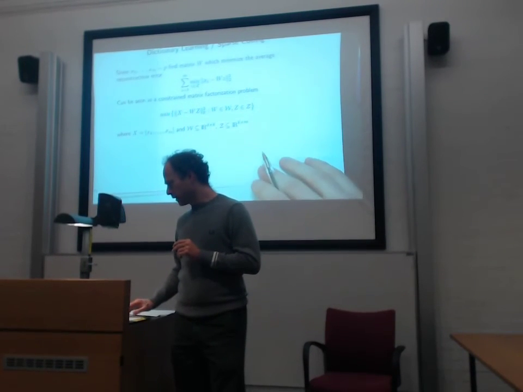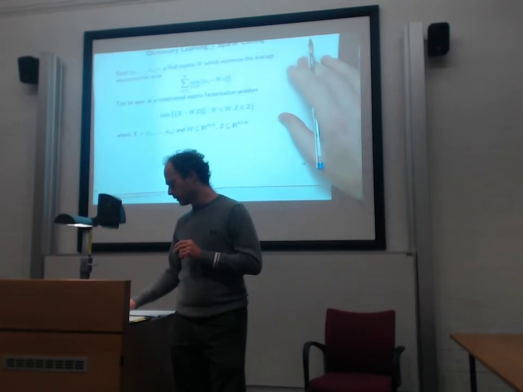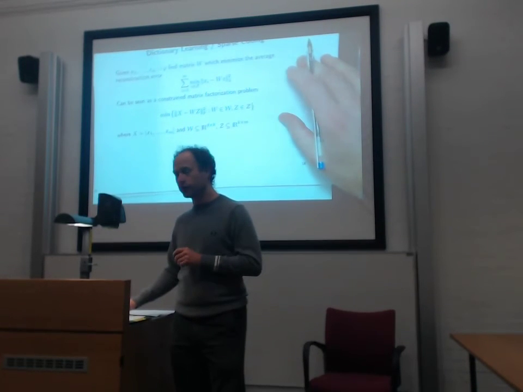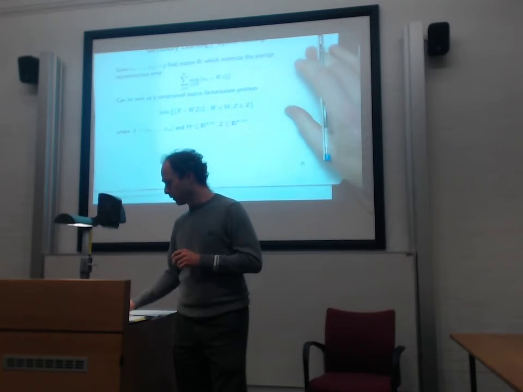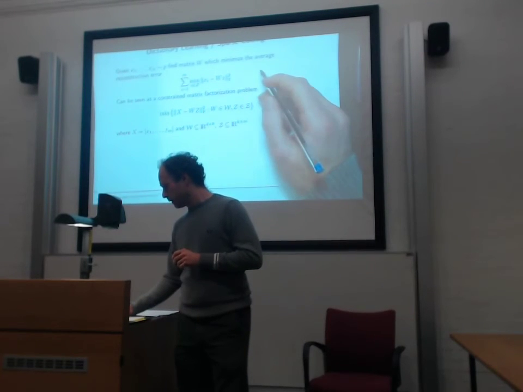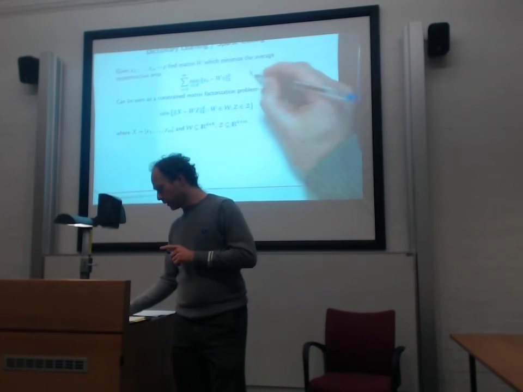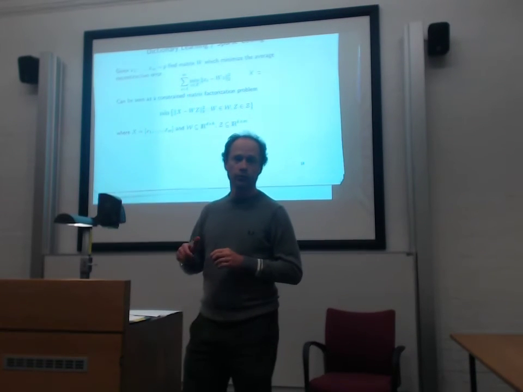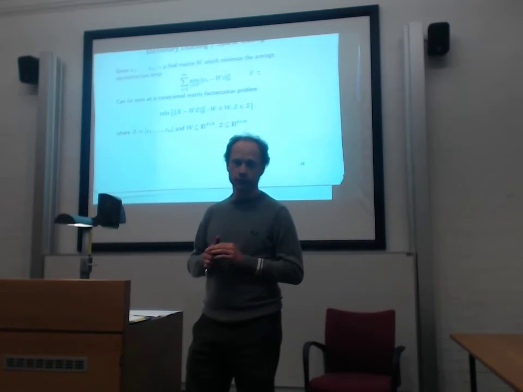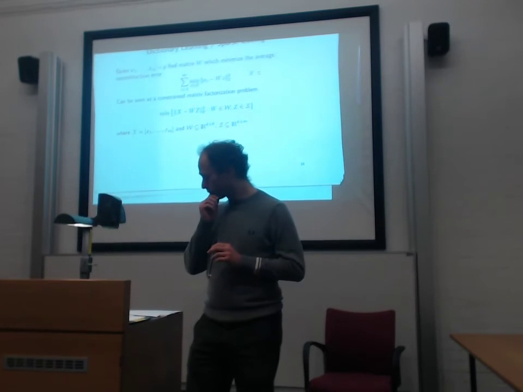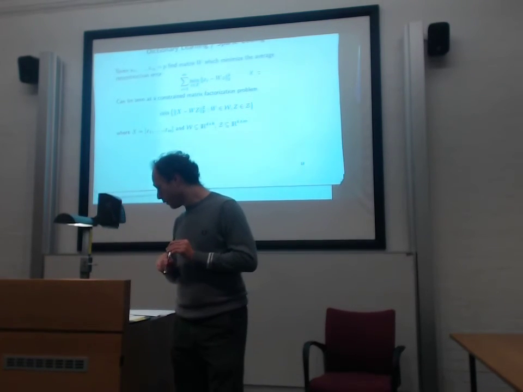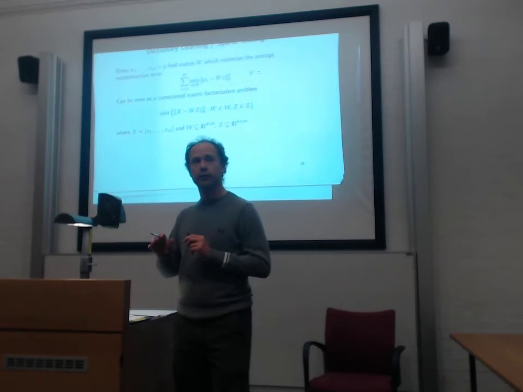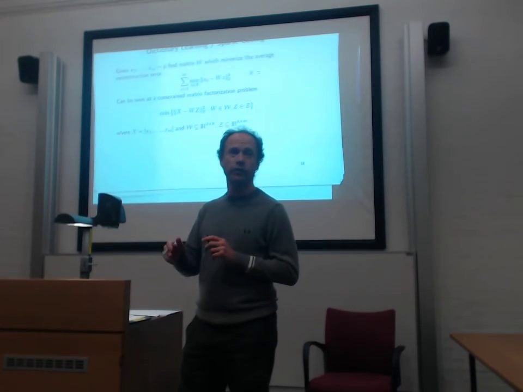So as we have seen, in PCA you take a point x and you try to write it as a linear combination of a few orthonormal vectors. Here we want to find a set of vectors which are not necessarily orthonormal.